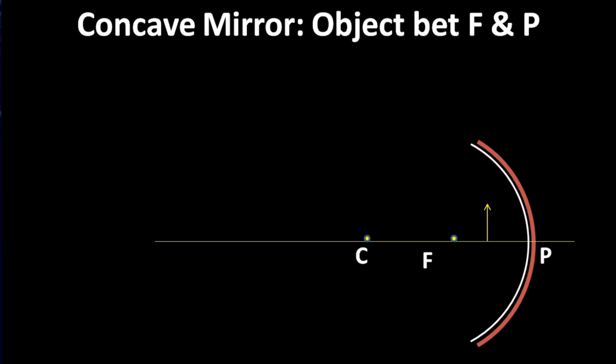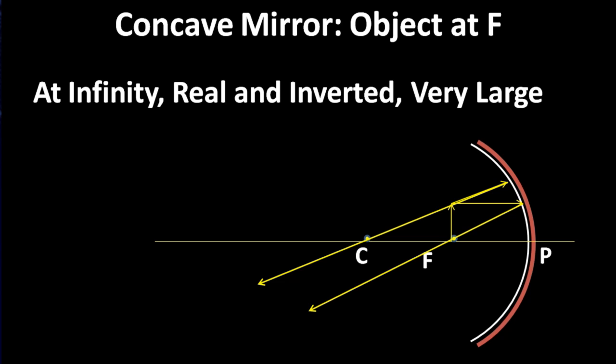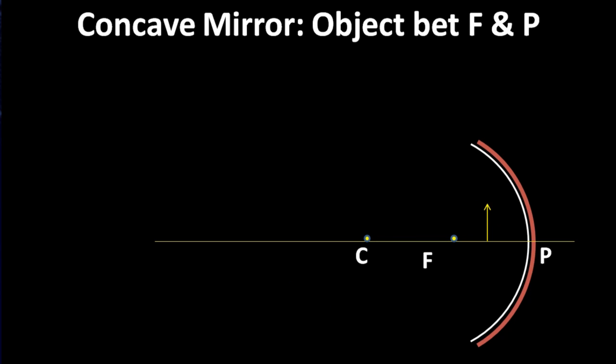Now the object is shifted to a position between focus and pole. A ray of light going parallel to the principal axis, after reflection, passes through the focus. A ray of light passing through the center of curvature retraces its path.